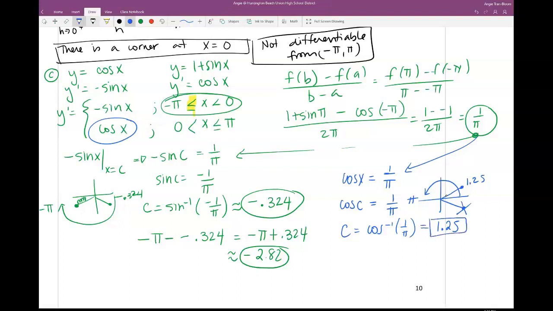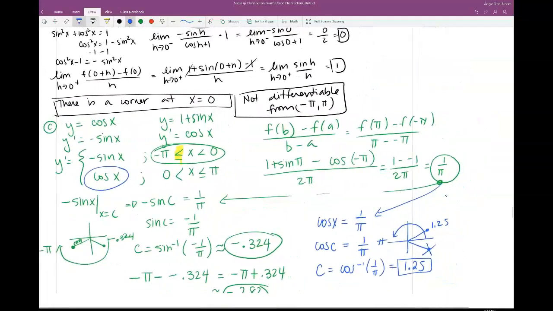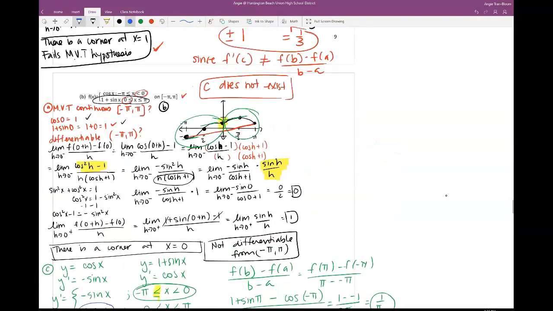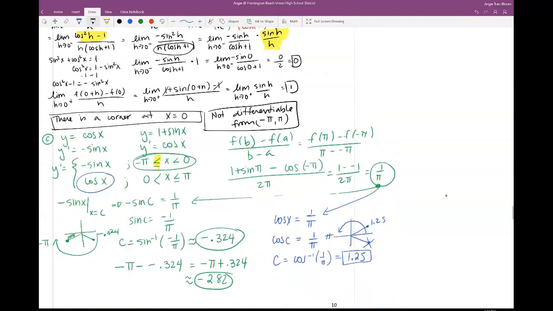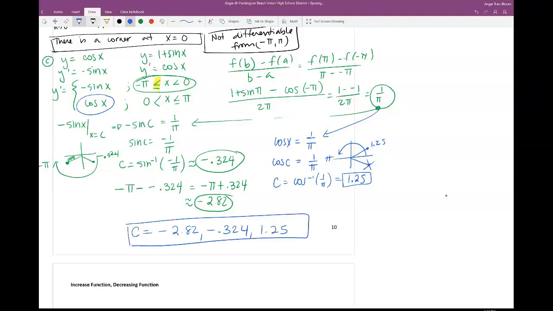I can just stop right there, which matches up with the graph that we had. The graph said there should be one c value on the right. So now we have a total of 3 c values: negative 2.82, negative 0.324, and positive 1.25. When it comes down to it, those are all of the c locations.